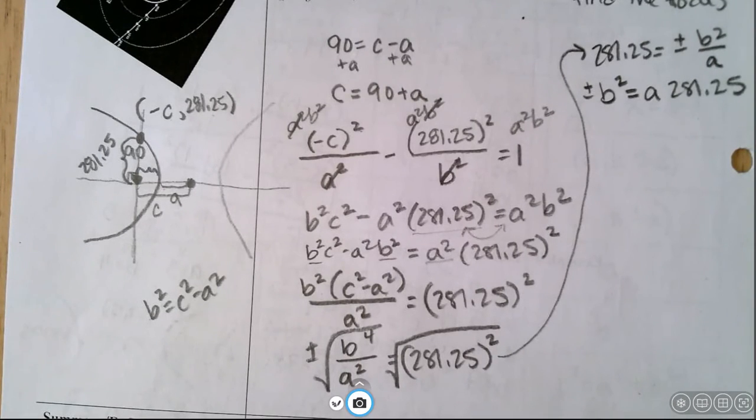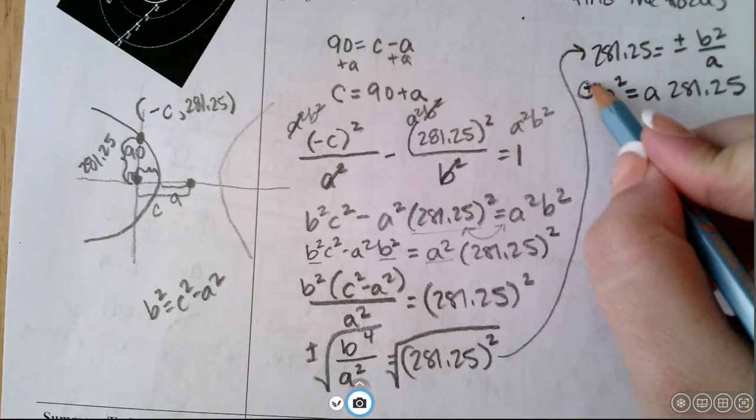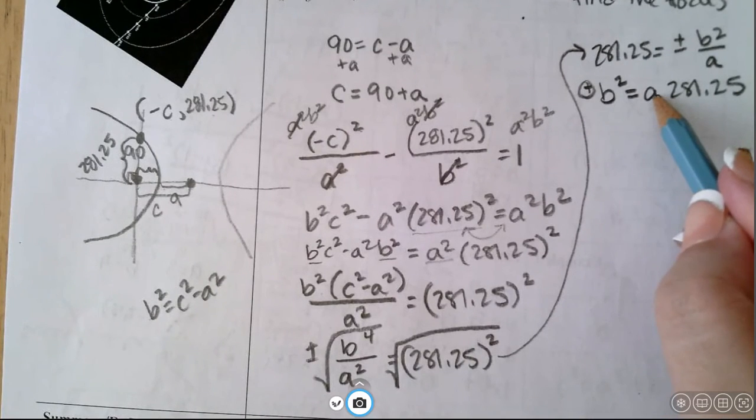Okay, well, I'm looking at this and I say, ooh, let's just focus on the positive one for a second. And let's try to get everything in terms of a, because a lot of these have a's in them.